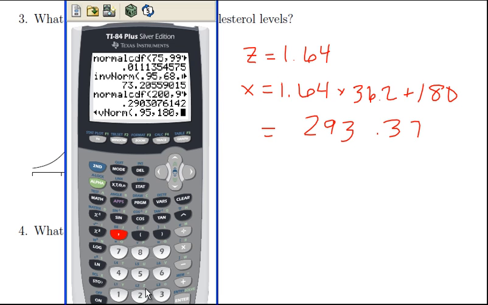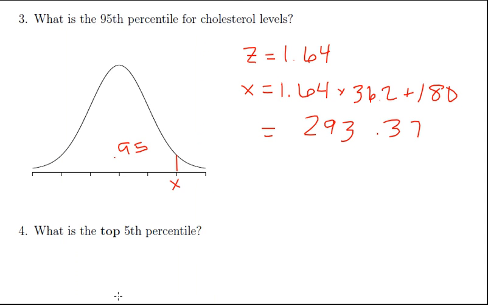And standard deviation is 36.2. And I get about the same answer. And the top 5th percentile is the same as the bottom 95th percentile, so these two answers are going to be the same, 293.37.